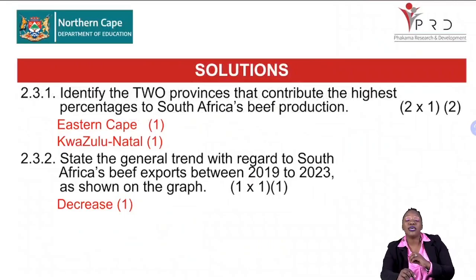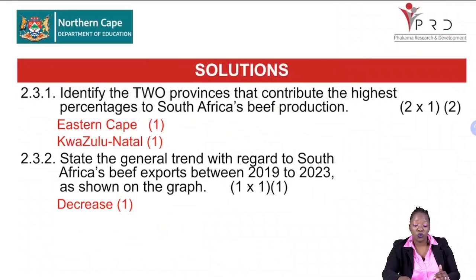Once the question is asking about the trend, your answer is supposed to be decrease or increase, based on the graph that you are given. If the graph is going down, it is decreasing. If the graph is going up, then the trend is increasing. So you shouldn't lose those marks.